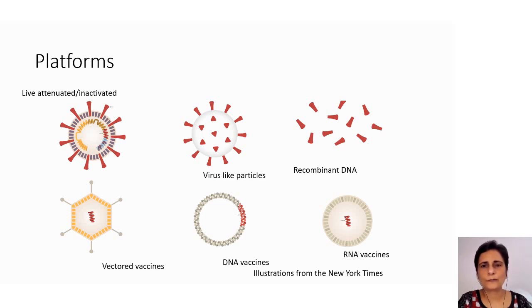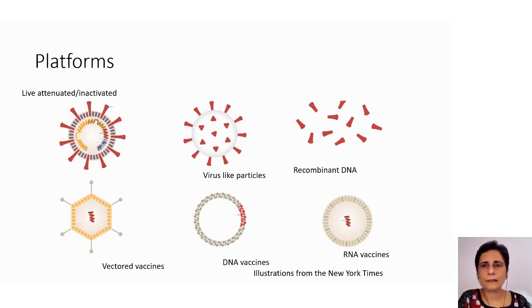But for all of the others, where only the spike is being delivered, it may be feasible for us to say this person is vaccinated because they have antibodies only to the spike protein and not, let's say, to the nucleocapsid protein, which would be seen with a whole viral particle.